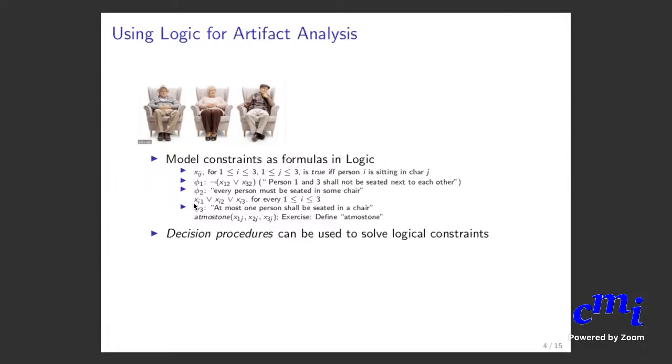So with these 3 constraints, how will you formulate checking whether a seating arrangement is possible?